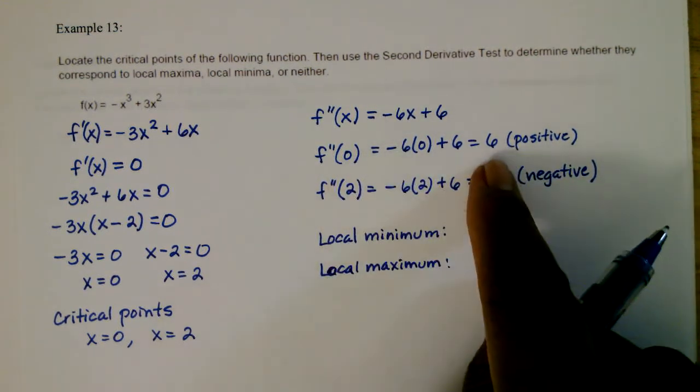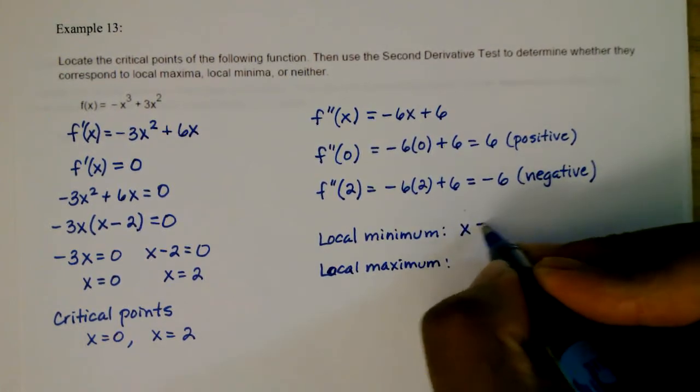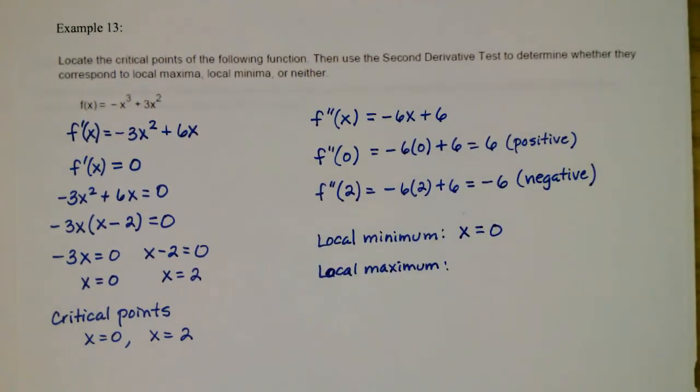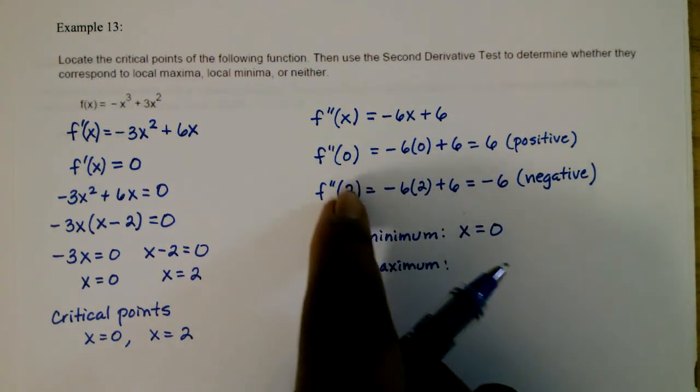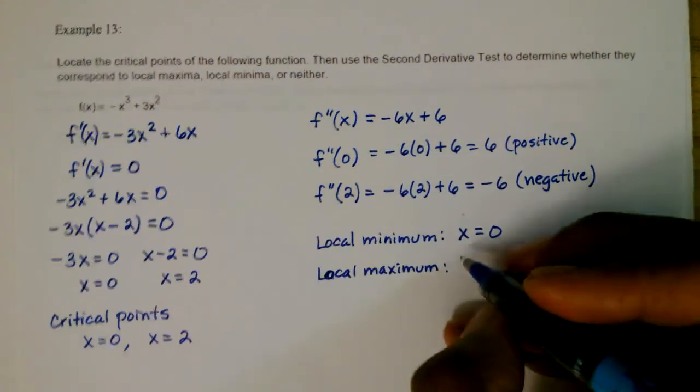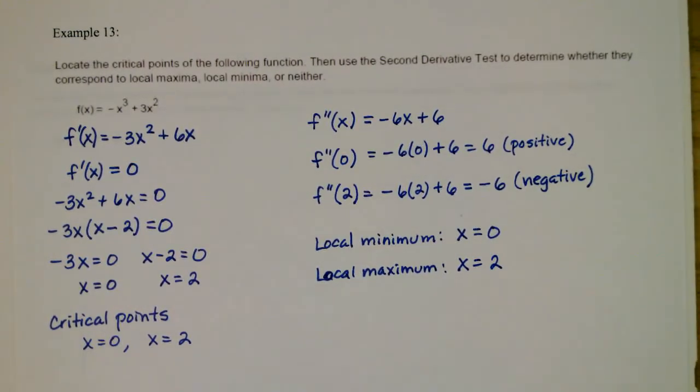So at 0, we have a local minimum. So at x equals 0, we have a local minimum because we came up with a positive value. And if it's negative, that means we have a local maximum. Negative here means at x equals 2, we have a local maximum. Okay, that's all there is to it.